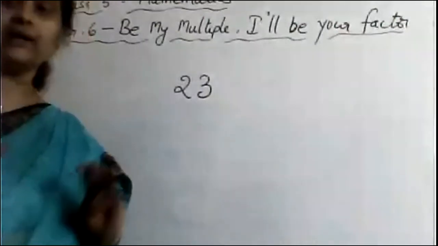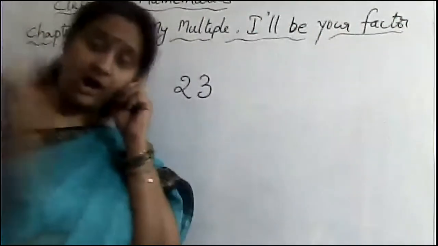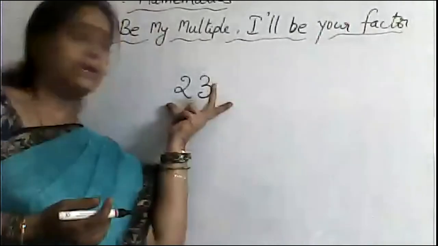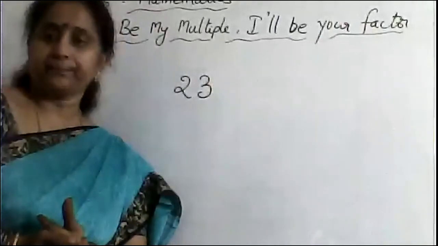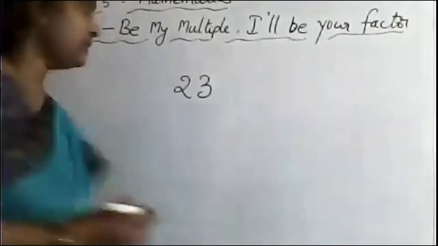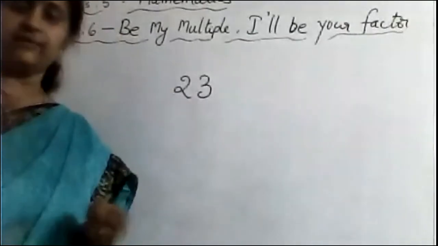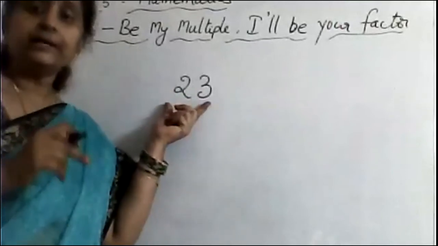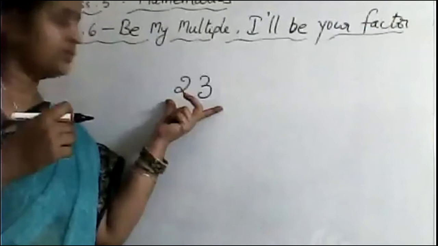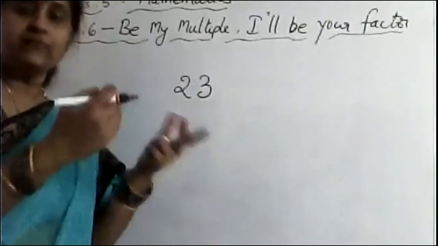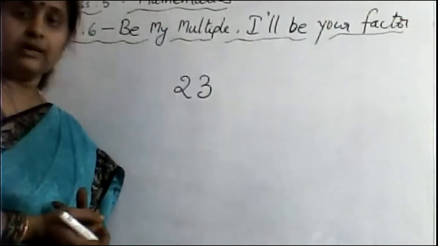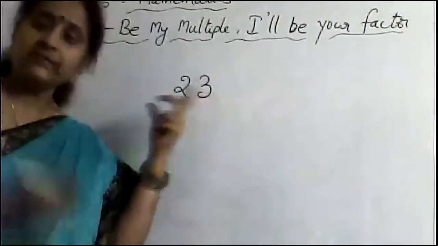You can say odd, but there is more to it. The number here is 23. Observe this number: the unit place is 3, leaving remainder 1 when divided by 2. But can we divide this number exactly with any other number?